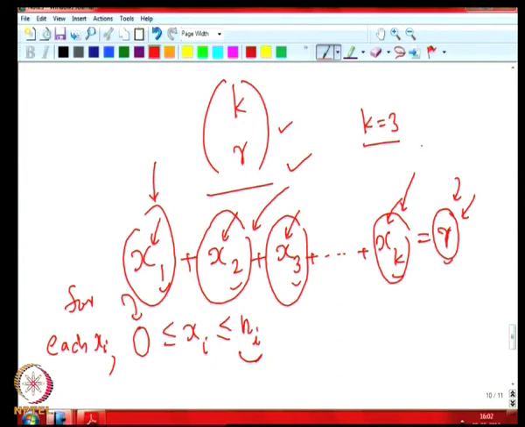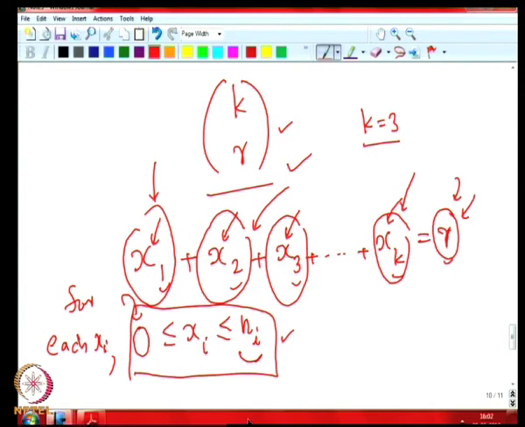Now, this extra restriction means that xi is less than or equal to ni; the ith type of thing can be taken a maximum of ni times only. That is what we considered in the last example, how we can use the inclusion exclusion principle to do that.